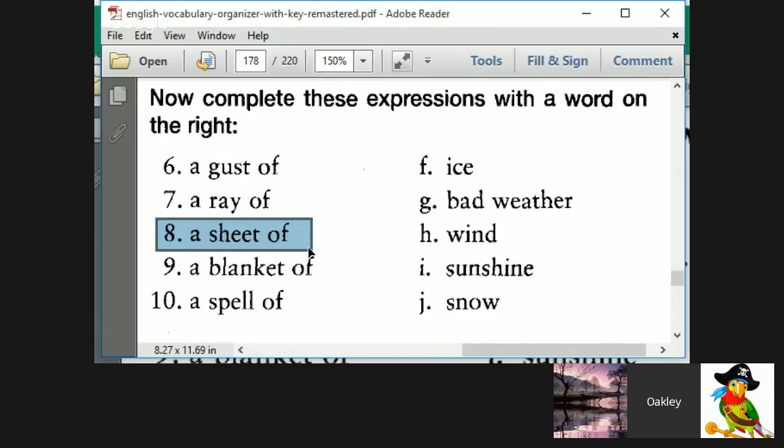Andre, number 8. The sheet of paper. Well, yes, but no. The sheet of white ice.